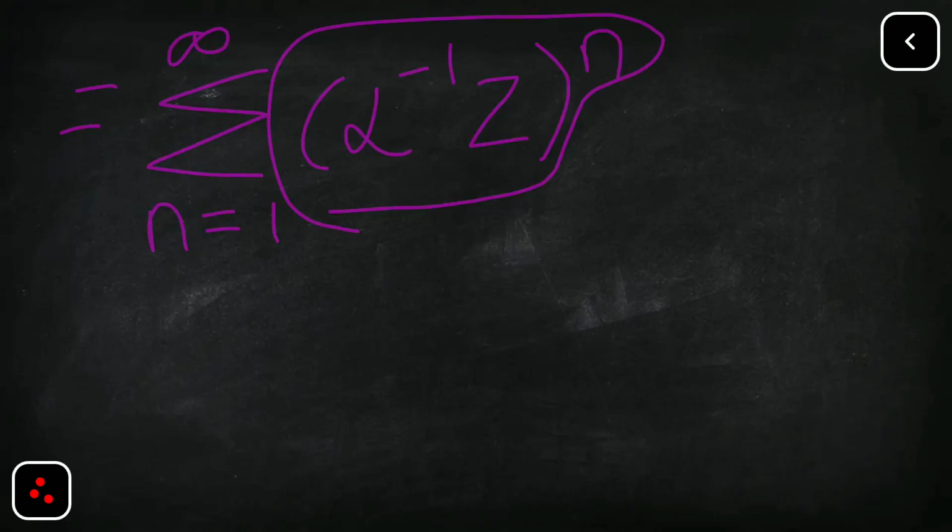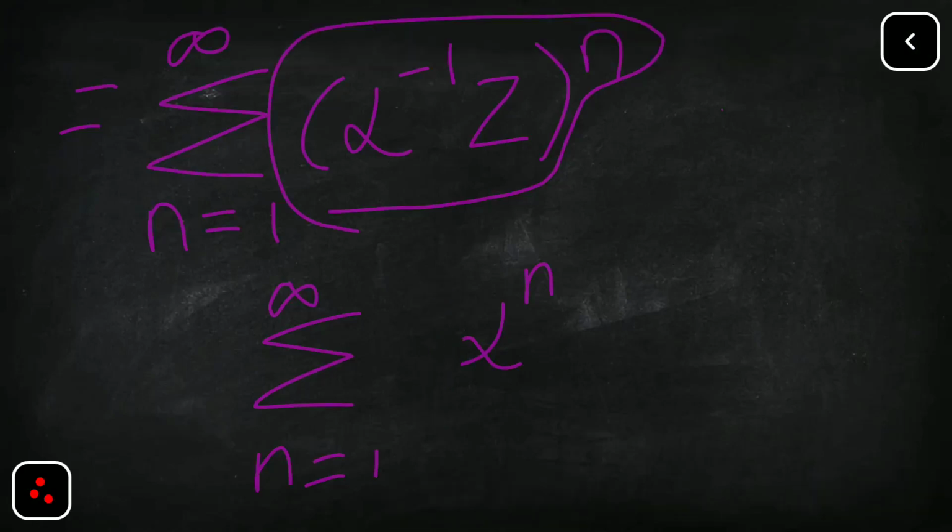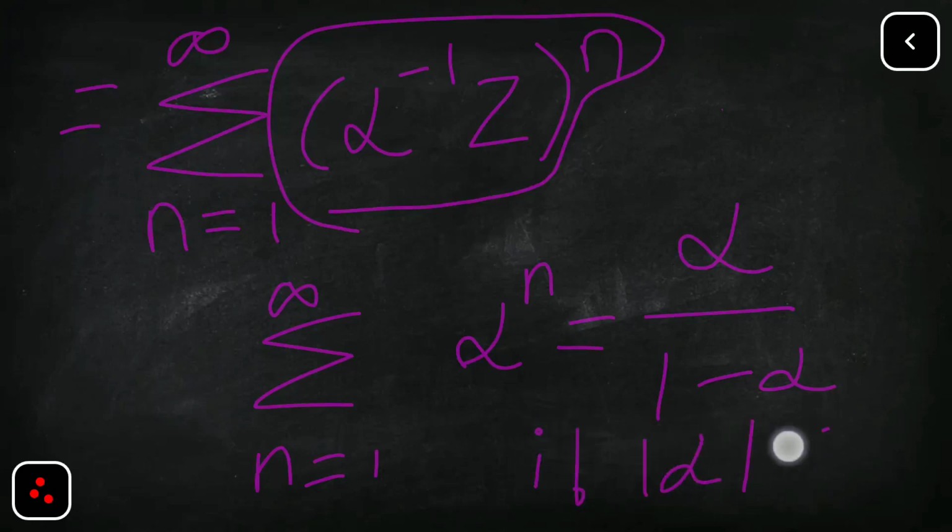You can use a really simpler formula, that is the summation of n is equal to 1 to infinity of alpha to the power of n, which is equal to alpha divided by 1 minus alpha, if the modulus of alpha is lesser than 1. This formula you need to use.